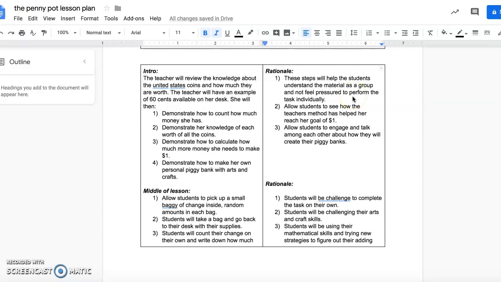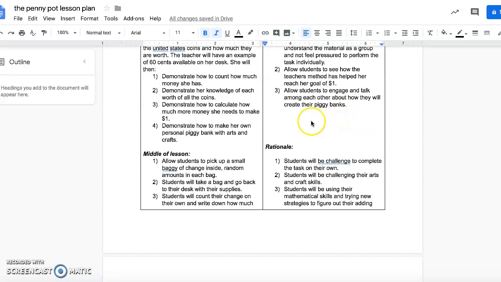For the rationale, I believe that this helps students gain a better idea of the lesson and why exactly they are doing it, rather than not knowing or being aware of what exactly they are doing. The next one is to allow students to see how the teacher's method helps reach the goal. Students will look around and see their classmates doing something different than what they're used to, and seeing the teacher's way will give them more comfort in completing the lesson properly along with their classmates.